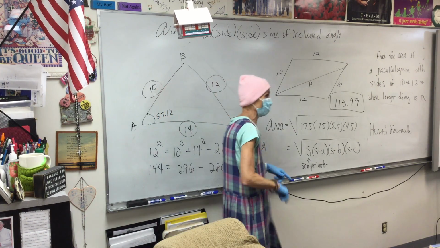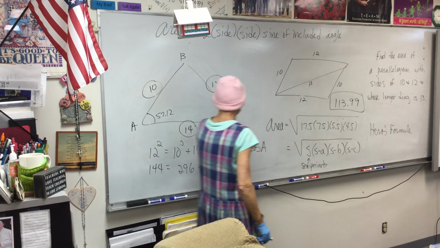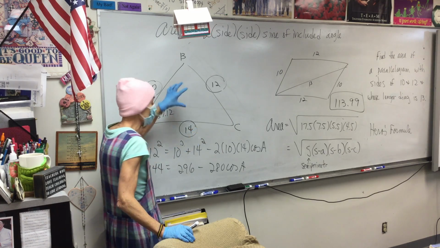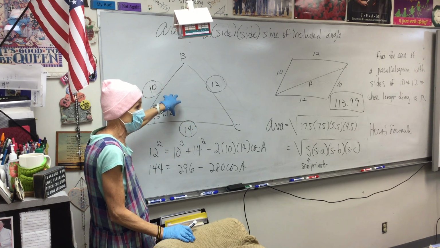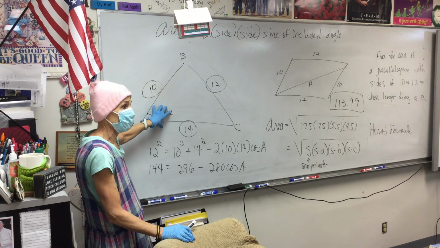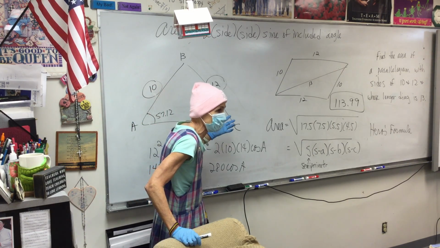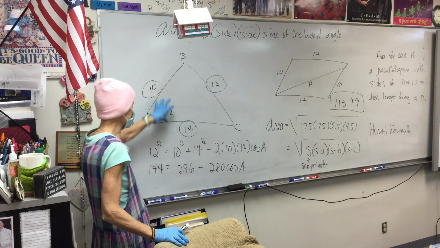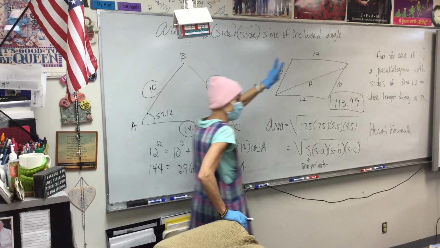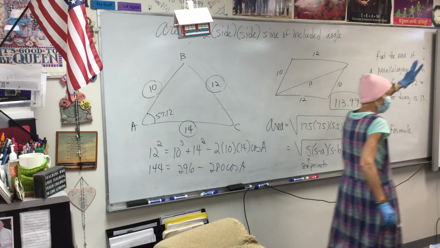Now, here's the moral of the story. Do we have to have Hero's formula? No. You found the area of this triangle by doing the law of cosines and getting this angle, right? But what does Hero's formula do for us? Shortens it. You don't need to mess around with that. Just use the sides. If you have all three sides, use Hero's formula.